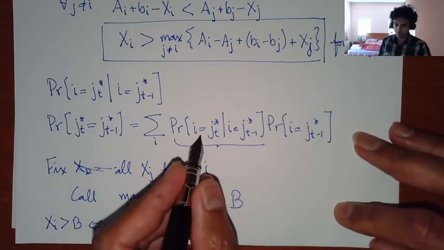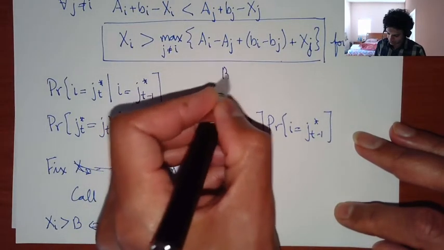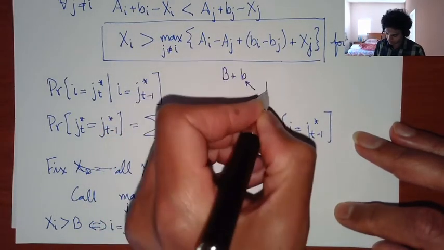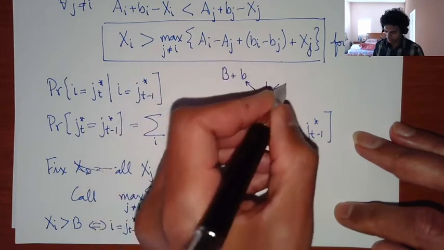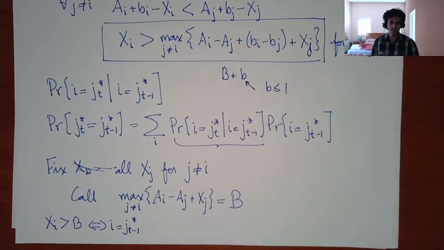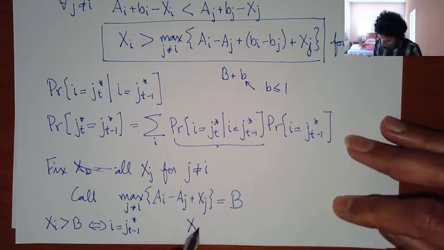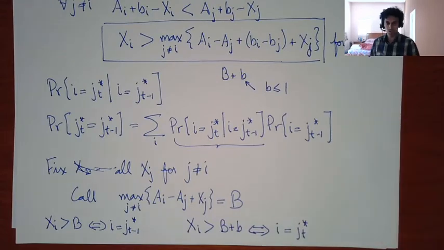Now, if you look at this other quantity, I can write it as B plus little b, where little b is at most 1. It could even be smaller, it could even be negative, I don't care. And xi being greater than B plus little b is equivalent to I being equal to jt star.